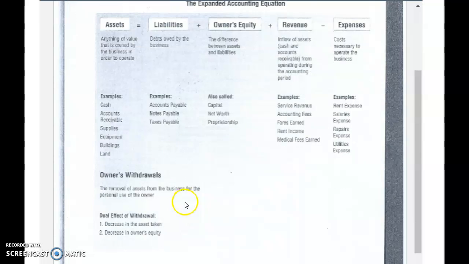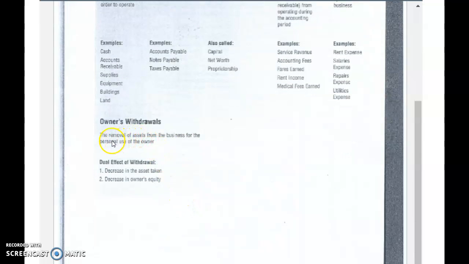All right, then you have owner's withdrawals, the removal of assets from the business for the personal use of the owner. Remember, it's also called drawing. It is money that the owner is taking out of the business for their personal use. Now, if you spend something for the business, it's an expense over here.